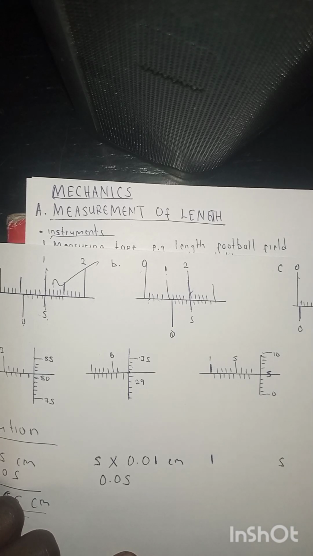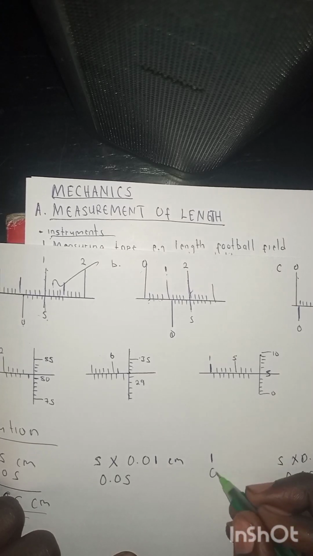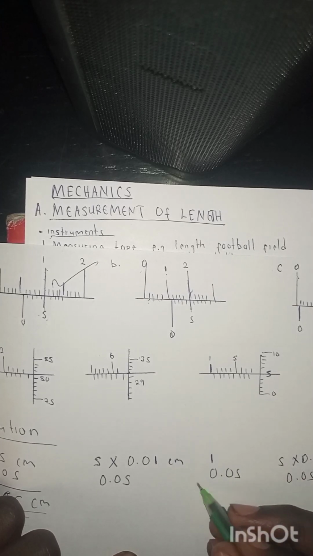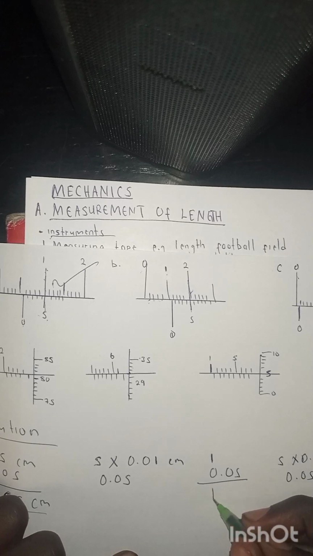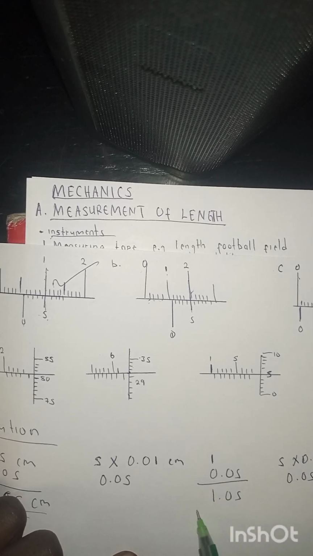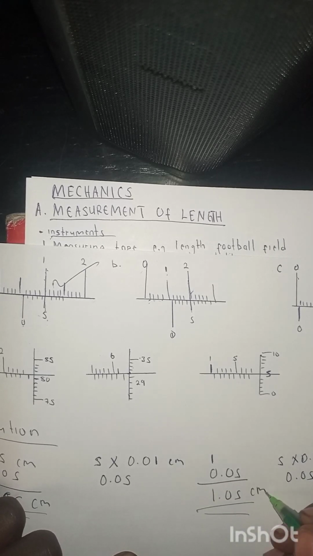Then again the 5 you multiply by the accuracy, which is 0.01, which will give you 0.05, right? Then you place your 0.05 there. Then you add the 1, which will give you 1.05, and that will be your answer in centimeters.